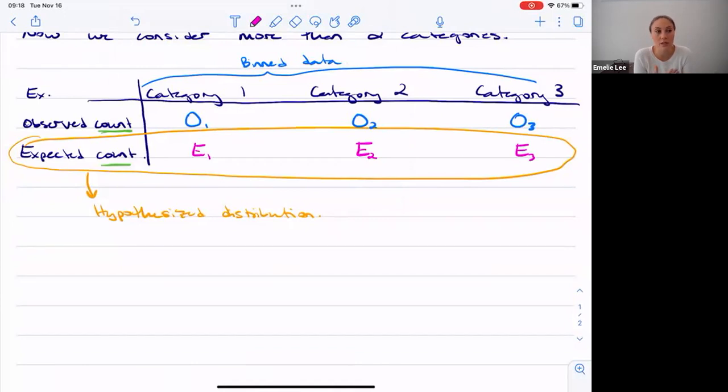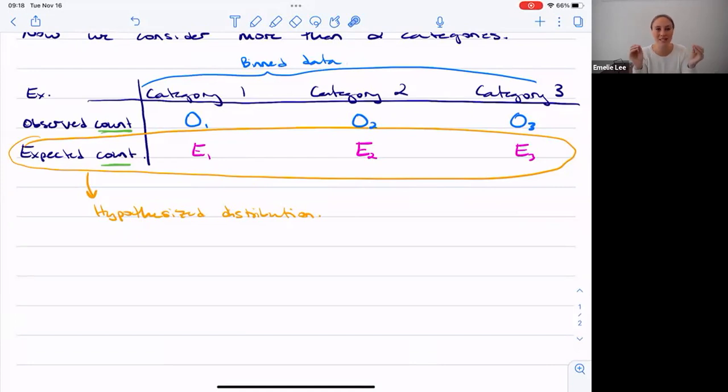Now, the reason I'm mentioning this is because we need this notation to develop our test statistic, which is the chi-squared, okay? And so in general, the chi-squared test can be applied to a lot of different situations. Just like we saw the Z test, right? We can calculate a Z for one proportion compared to some hypothesized value. We can calculate a different type of Z, but it still becomes a Z in the end, for the difference of 2 proportions, right?